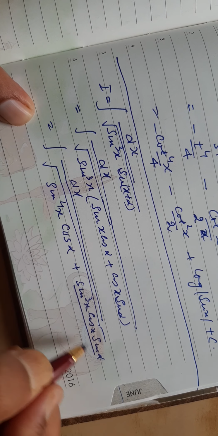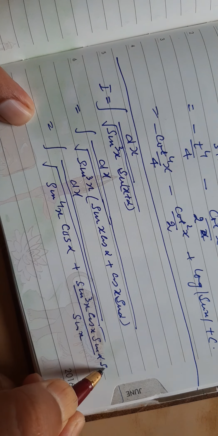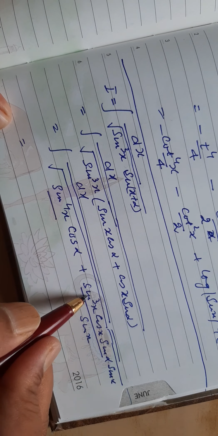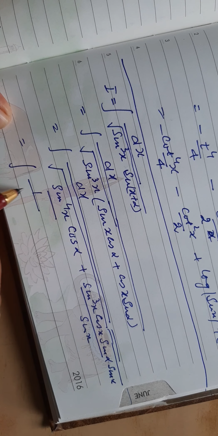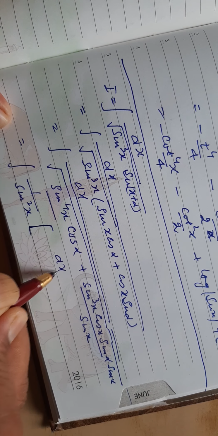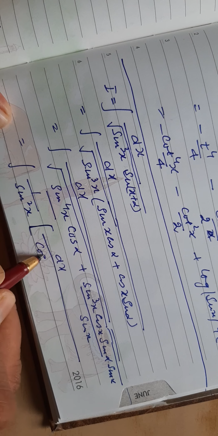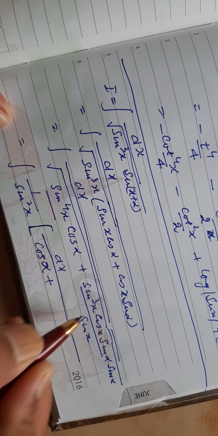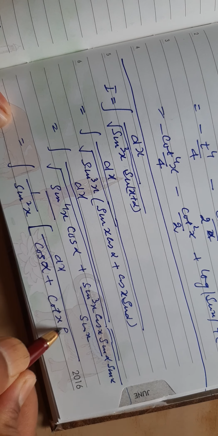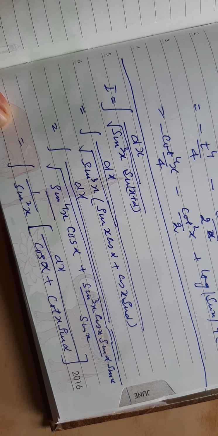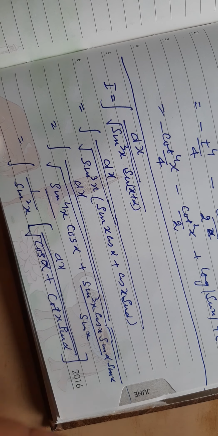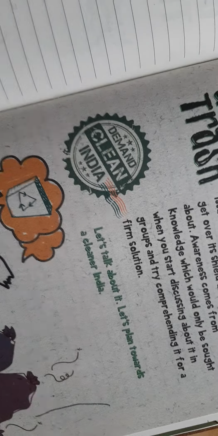Again here in this case we are multiplying by sin x and dividing by sin x in the denominator only, so that we take sin raised to power 4x common, and under root sin raised to power 4x is sin square x, and here we are left with dx upon cos alpha plus, we have taken outside common, cot x sin alpha under the root. Sin 4 will be common, sin square is left. 1 upon sin square x is cosecant square x.